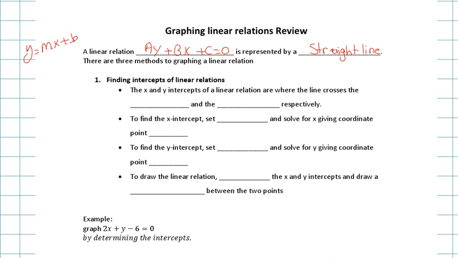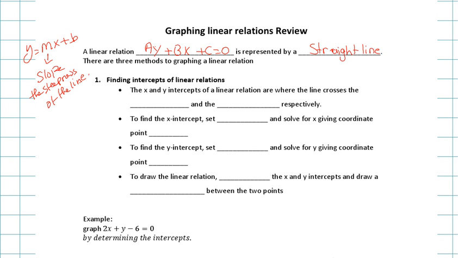The slope, the letter m, represents the steepness of the line. Think about stairs, or a hill. How steep is that mountain, that hill?